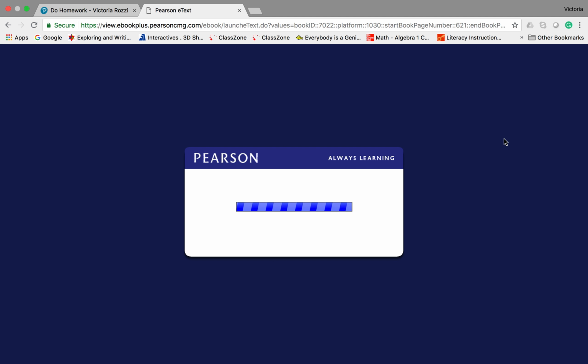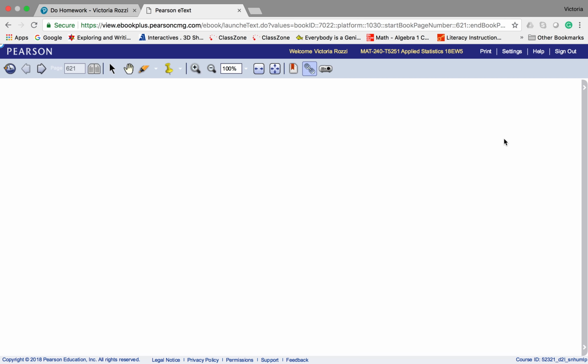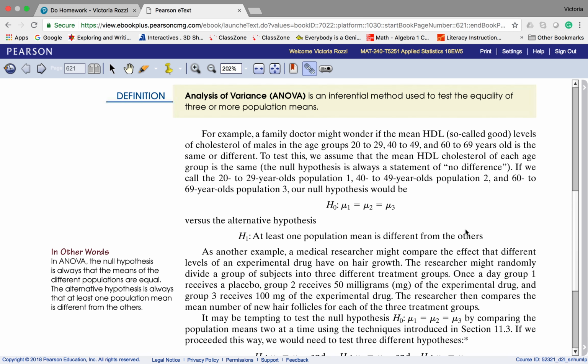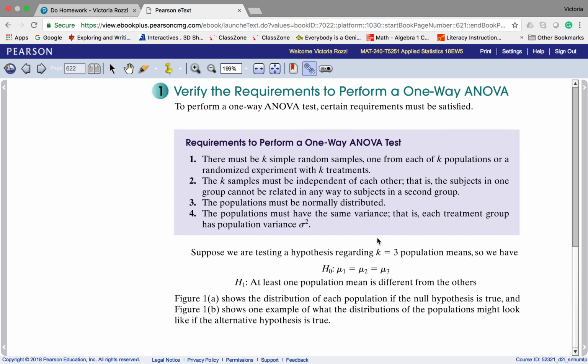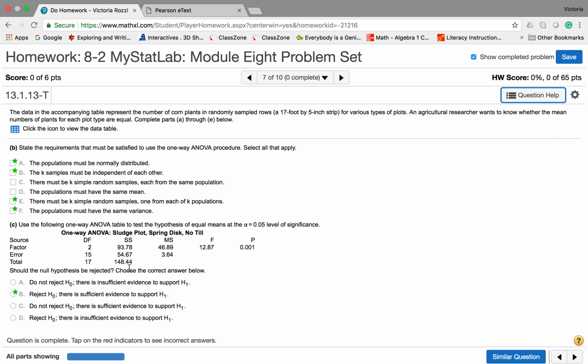You can see there's a nice little box here, I think they highlight it in purple. Yep, they do. That's the requirements for the one-way ANOVA test. First of all, the K samples must be simple random samples. They must be independent. They must be normally distributed, and they must have the same variance. Then you can go through and check off the correct boxes there.